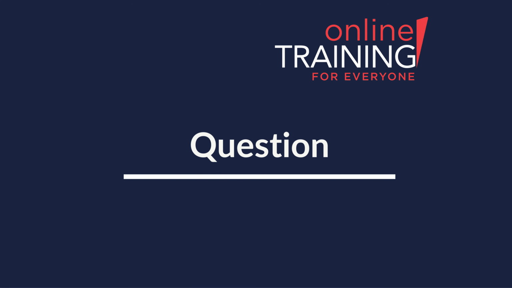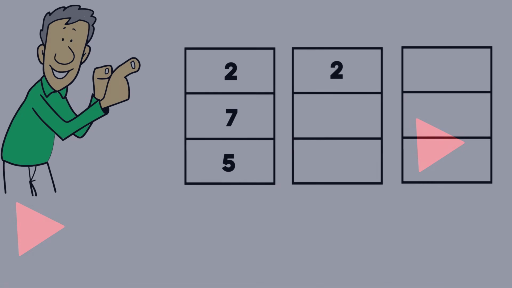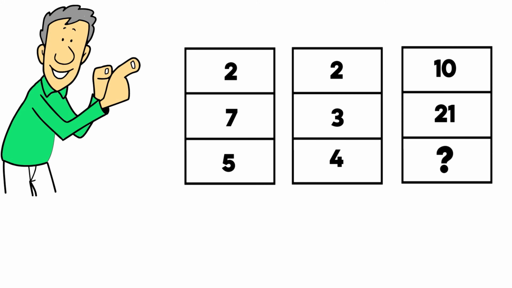I'm extremely excited to share with you a question that tests your pattern recognition skills. You're presented with 3 columns. Each column has 3 numbers. In the first column, we see numbers 2, 7, 5. In the second, middle column, we see numbers 2, 3, and 4.